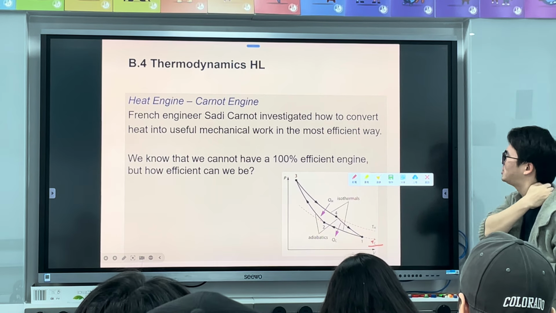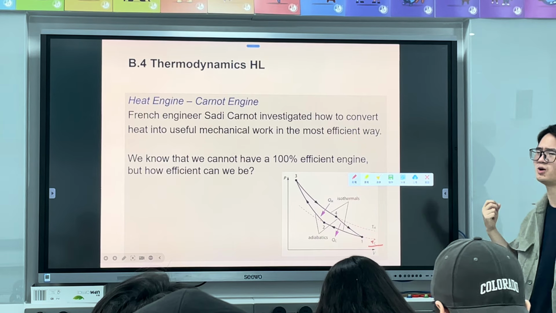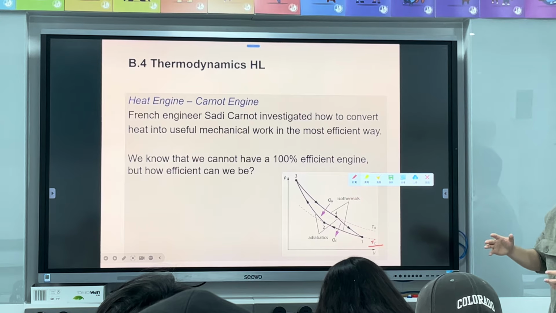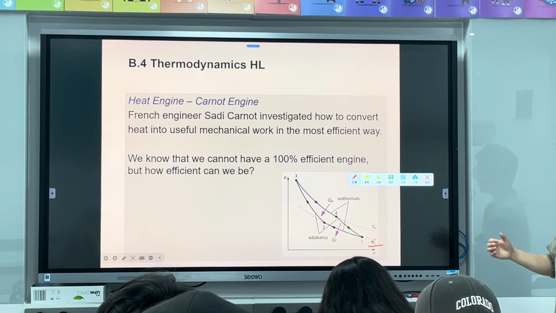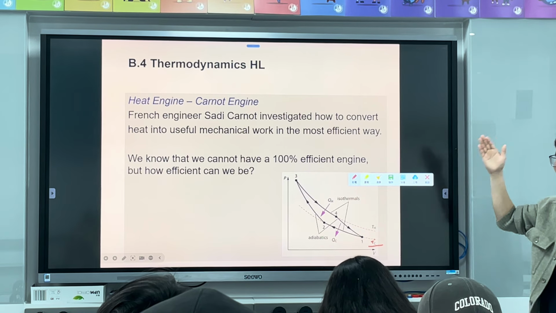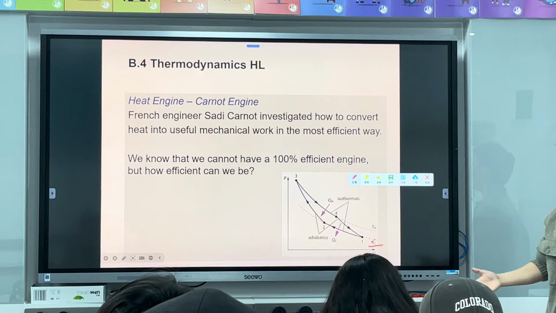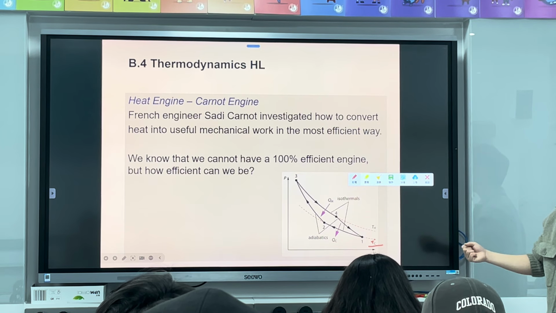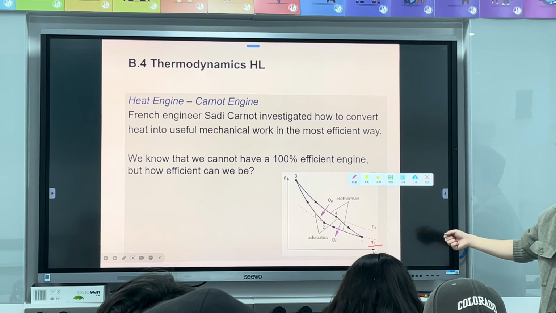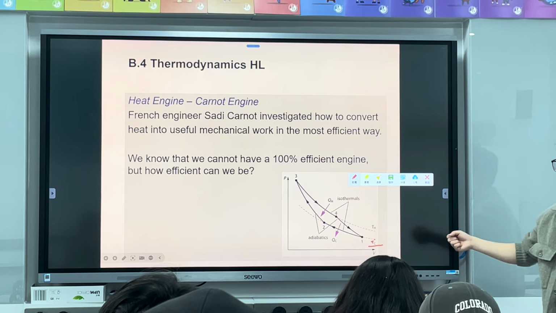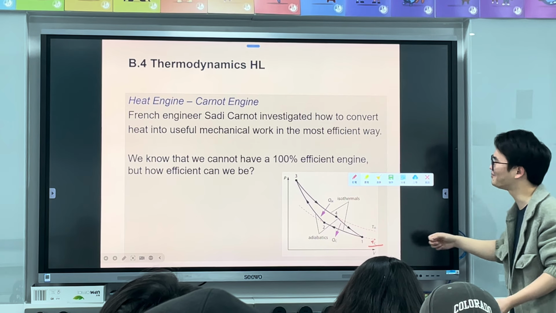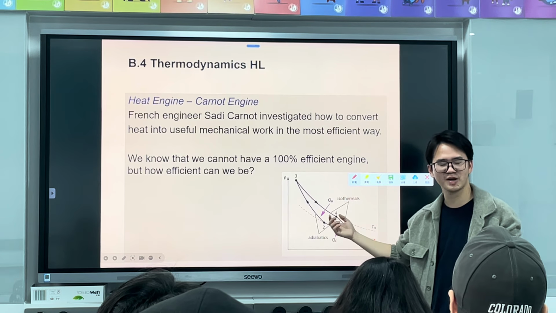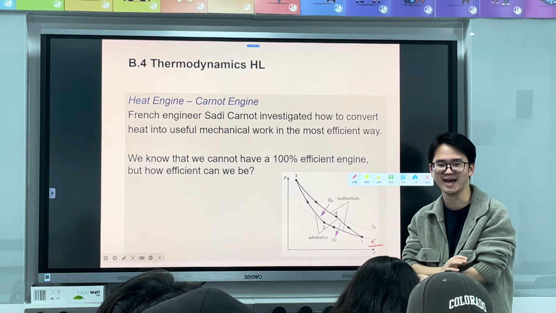Okay, what do we say about an isothermal process? In order to make sure that the temperature stays constant, doesn't change, we need to make sure that heat transfer is sufficient to keep the temperature the same. Which means, are we going to do it very quickly or very slowly? Very slowly for isothermal. On the other hand, for adiabatic, we want to make sure there's no heat transfer away, right?